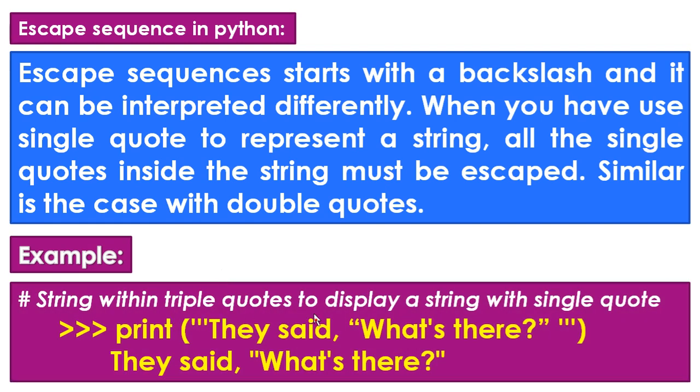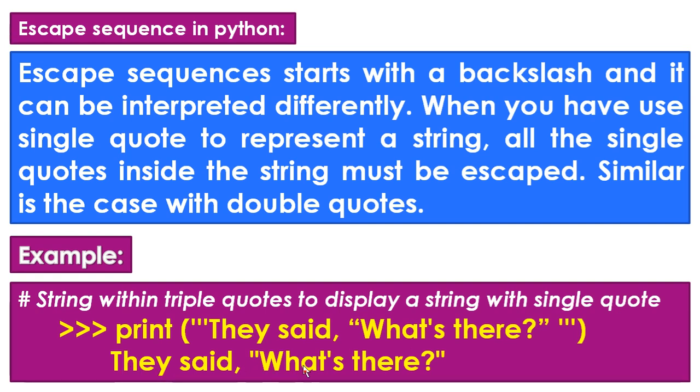String within triple quotes to display a string with single quote. We saw this example in the previous class. Print triple quote. We enclosed here triple quote, and in that we have double quotes. We are going to print the double quotes and single quotes.